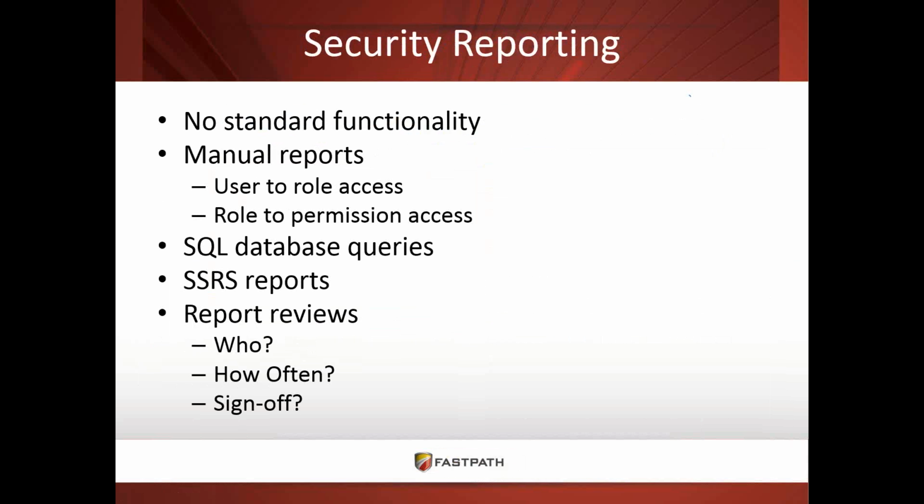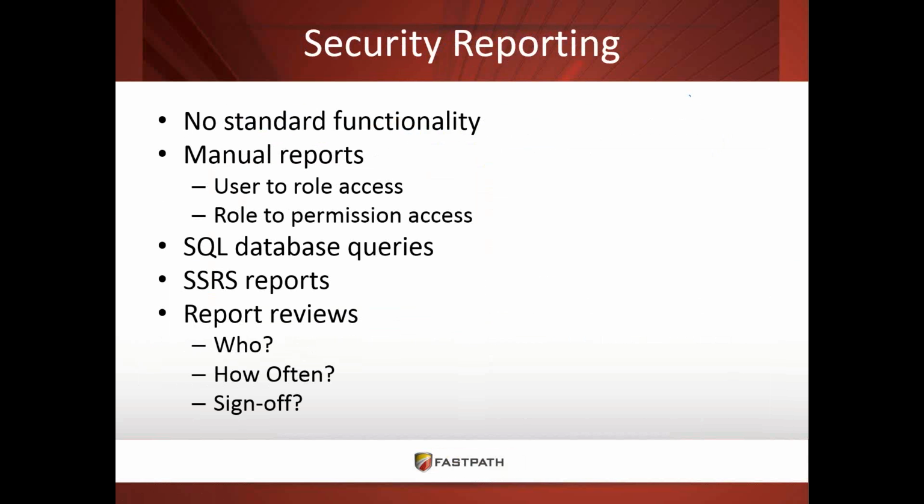But the other half of that is, once you do have those reports, what are you doing with those reports? You're going to have to have some process around what your reports are showing you, who's reviewing those reports, how often they're reviewing them, and whether they're giving any evidence that they did review them and are signing off and saying, hey, this is okay, or we need to look at X, Y, and Z from this report. Auditors are going to come in and say, okay, you have some of these reports, what are you doing with them?